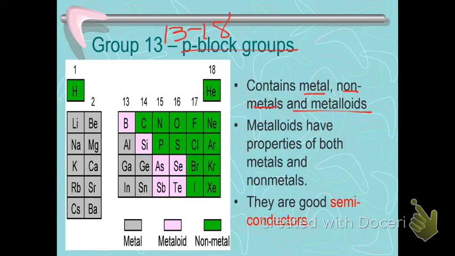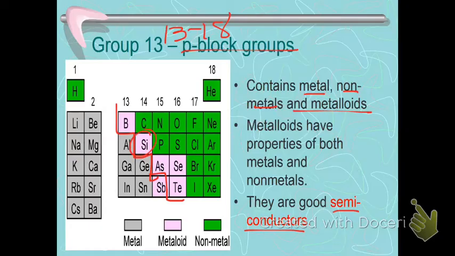Metalloids are elements that basically have the properties of both metals and non-metals, and they are good semiconductors. And semiconductors are what we use in our electronics. In your phone, a lot of silicon is used, which is right here, and this is a zigzag line along the periodic table.